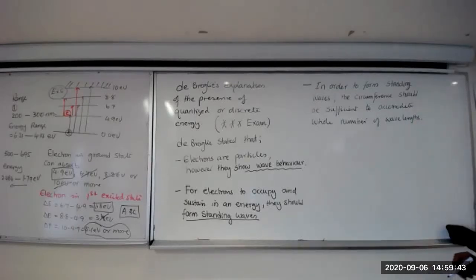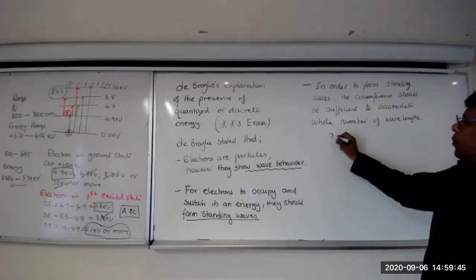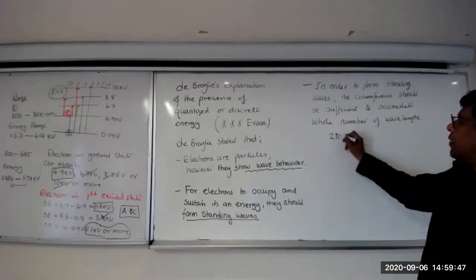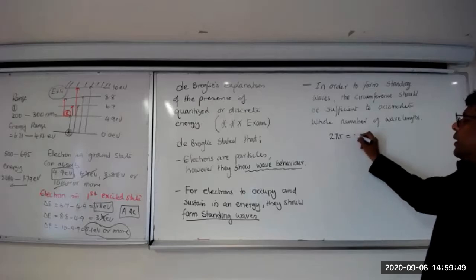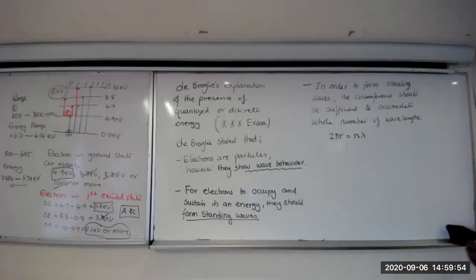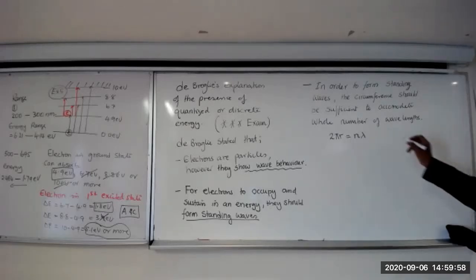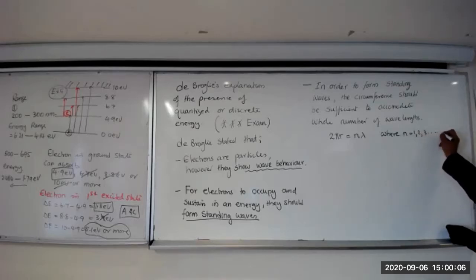Say 2 pi r is the circumference, it has to satisfy this condition: 2 pi r equals n lambda, where n equals whole numbers 1, 2, 3, 4, and so on.